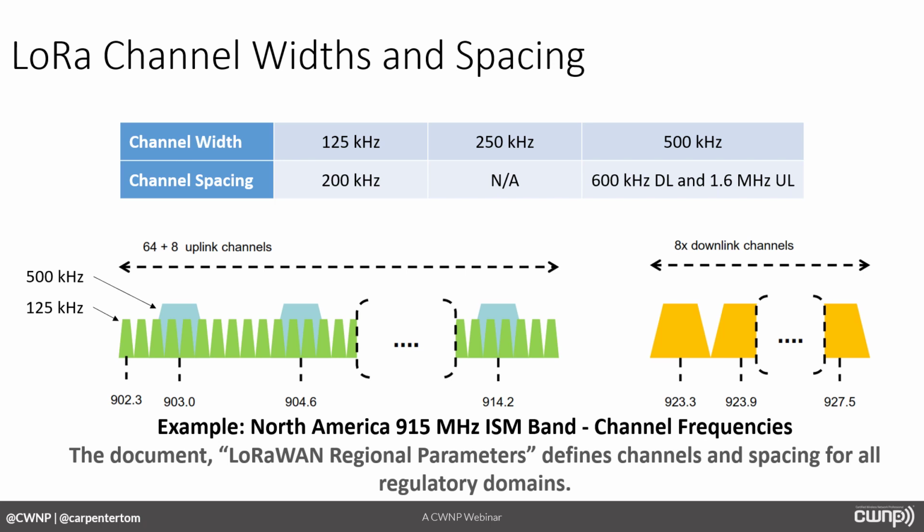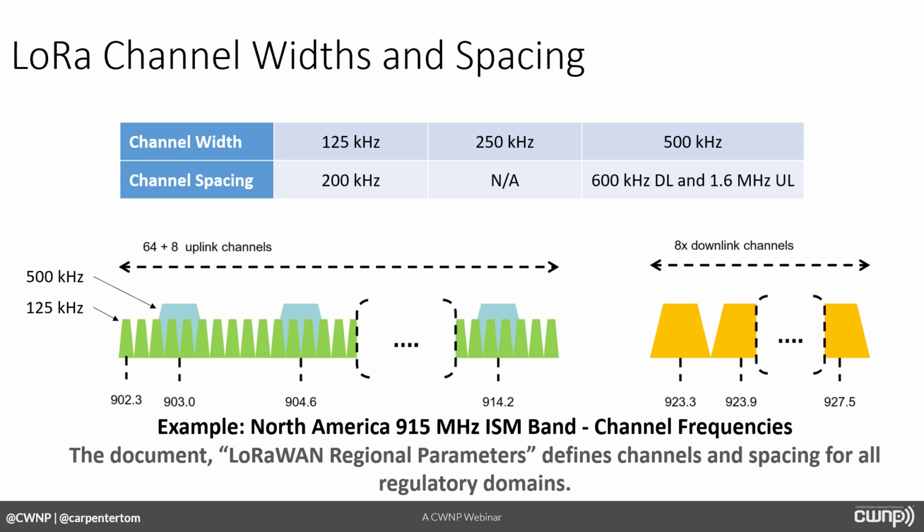For example, we have channel widths of 125, 250, and 500 kilohertz. What we can see is that in the North American 915 megahertz band, we're working with 125 kilohertz channels or 500 kilohertz channels, but we don't have 250 kilohertz channels.